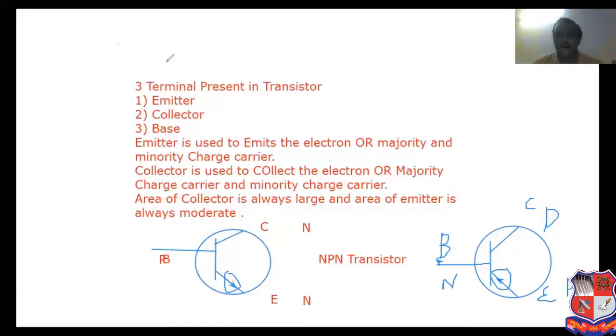Now, what is the operation of transistor that I have explained here? See, these are the three terminals.